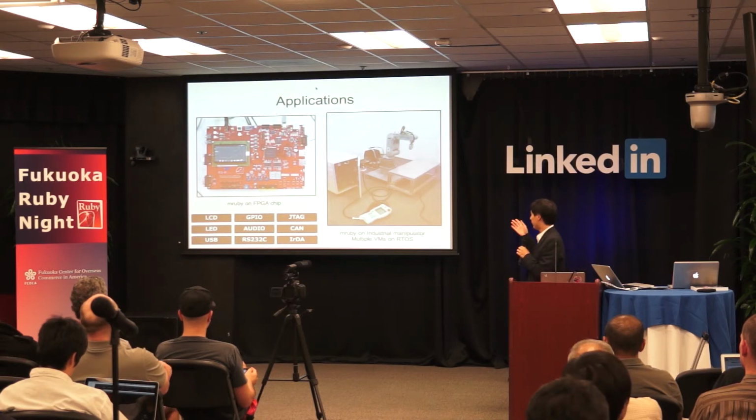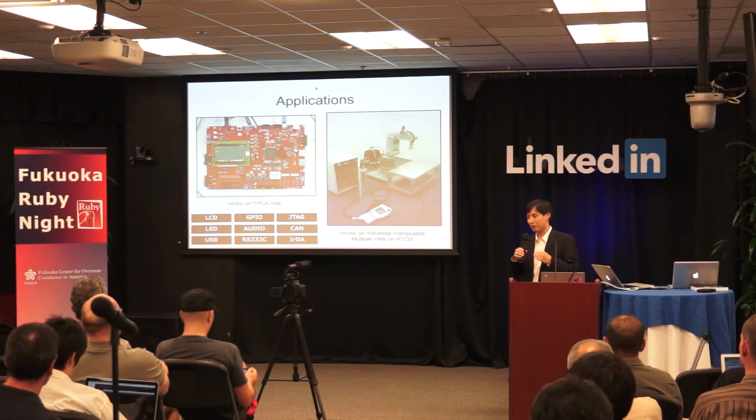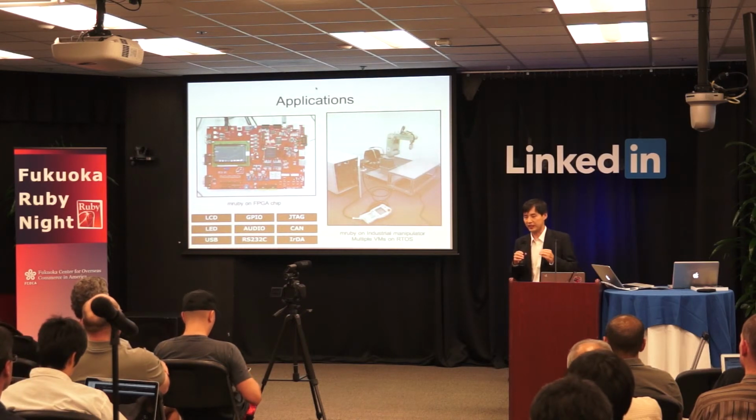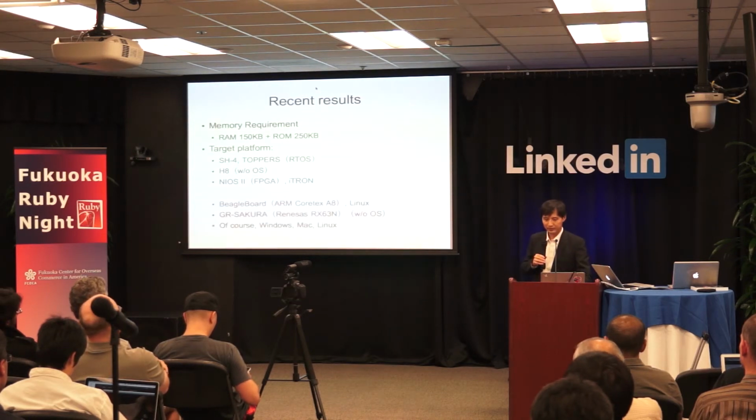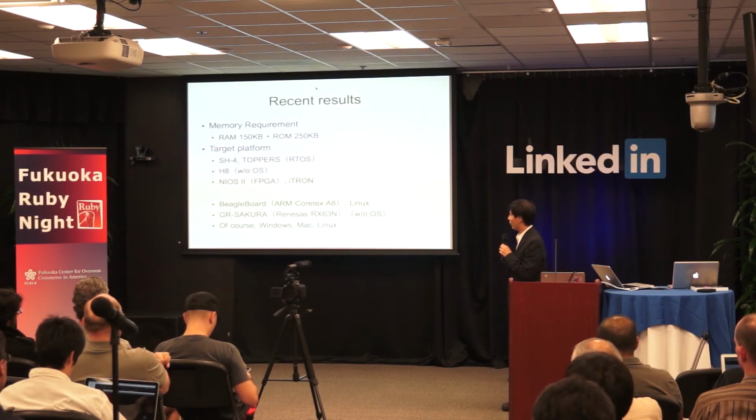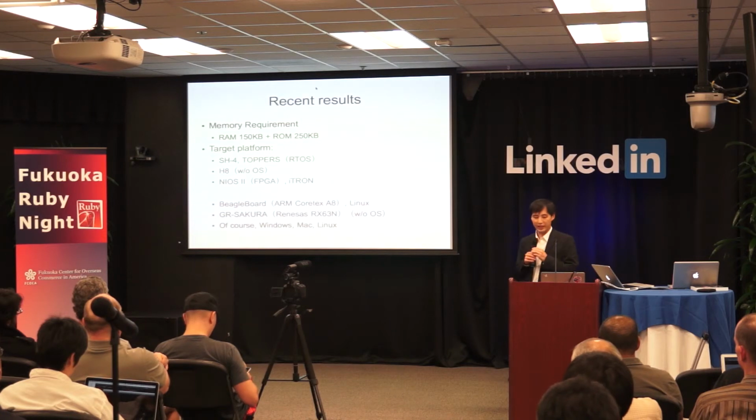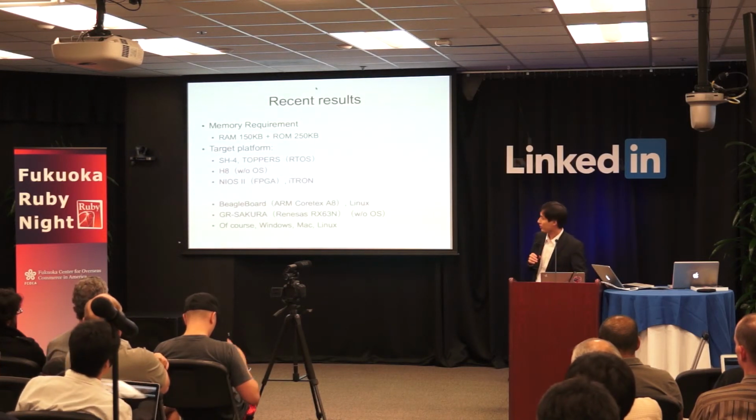This manipulator is controlled by mruby, with 5 mruby virtual machines communicating with each other and controlling the manipulator. The memory requirement is only 400 kilobytes for the Ruby virtual machine and Ruby application. We are now testing some applications.